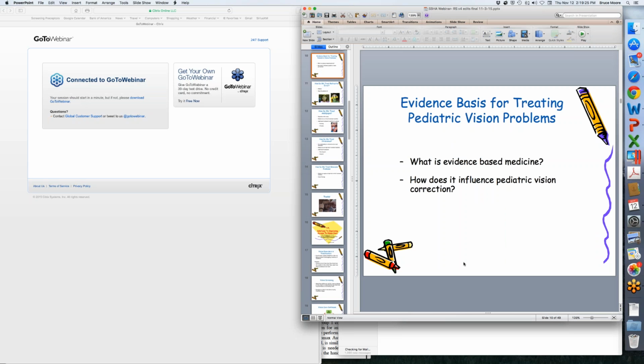No discussion today in medicine is complete without at least mentioning the necessity of us thinking about evidence-based medicine in everything we do, including in the case today of how we go about thinking about and treating pediatric vision problems. Evidence-based medicine has become kind of a buzzword. I think many of us feel a bit oppressed by the concept, but it is a really important issue.